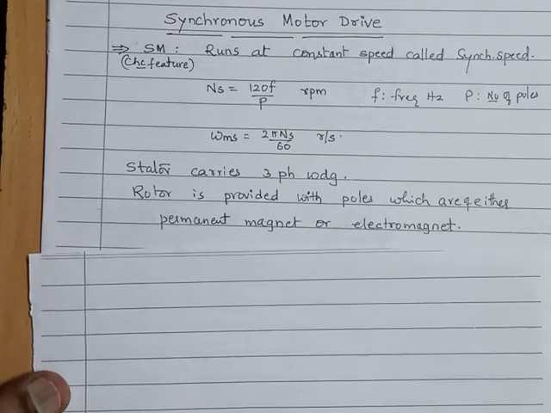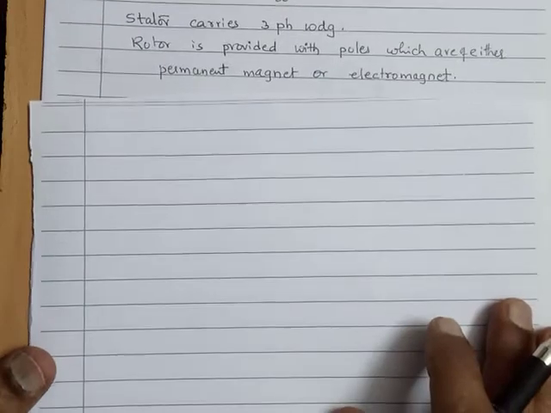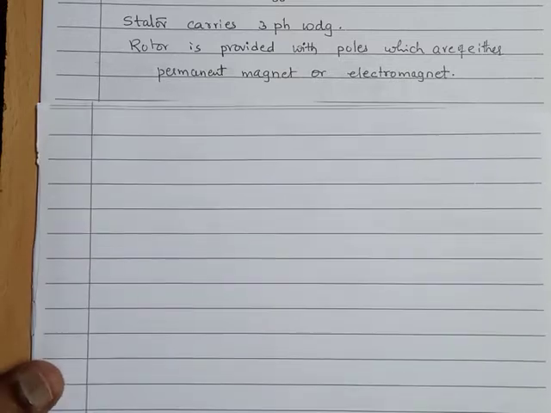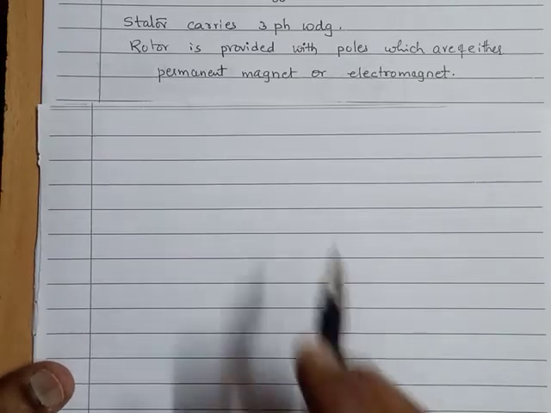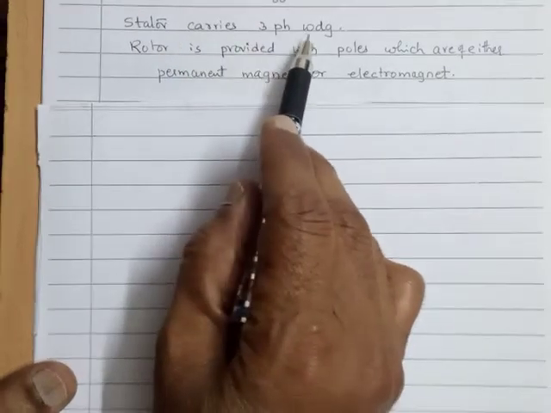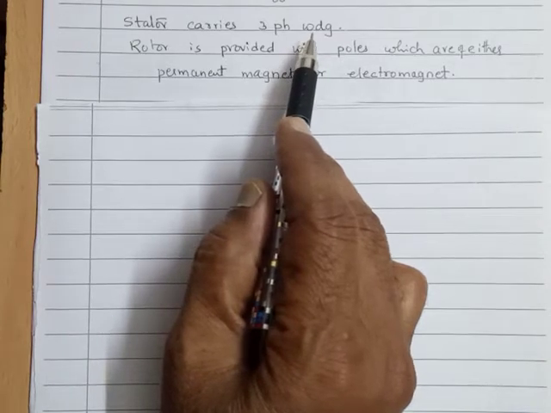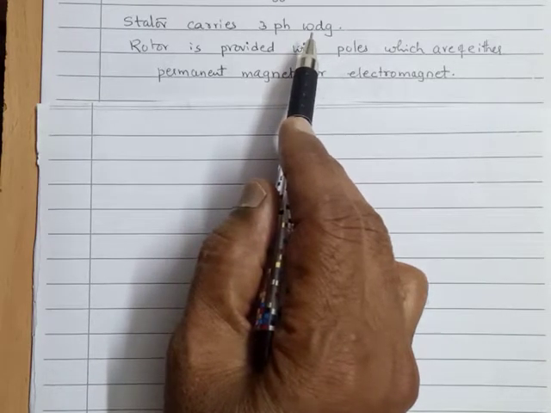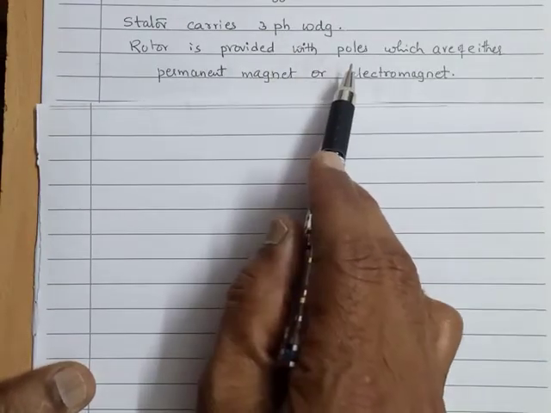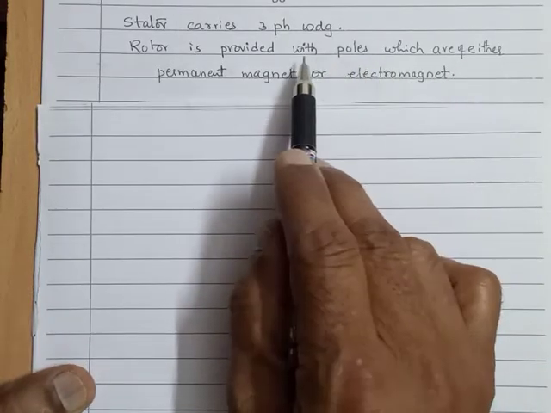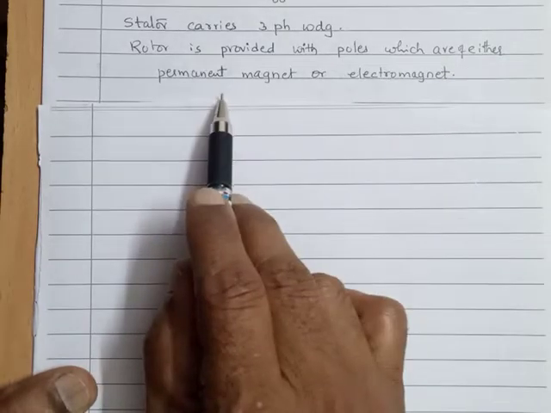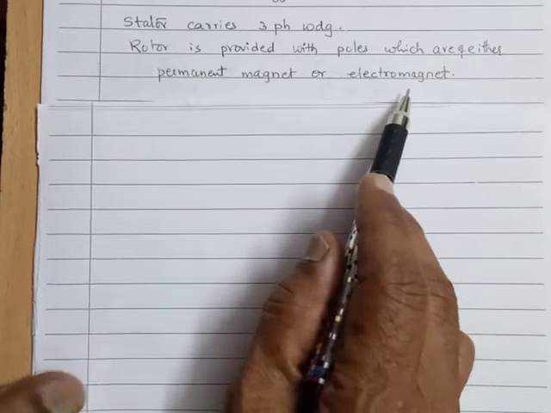Now, the constructional aspects of the synchronous motor itself. The stator and rotor are the two main parts. The stator carries a three-phase winding, similar to the three-phase winding of an induction motor, whereas the rotor is provided with magnetic poles, which are either permanent magnet or electromagnet.